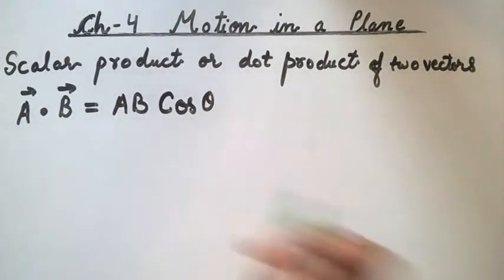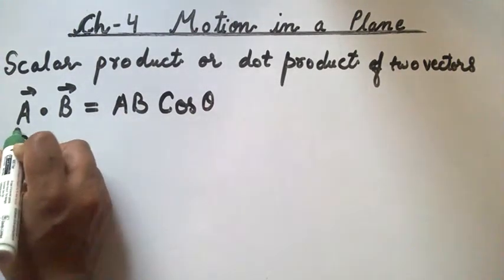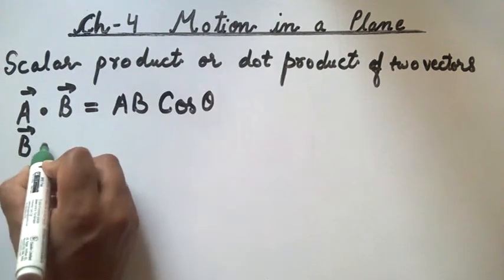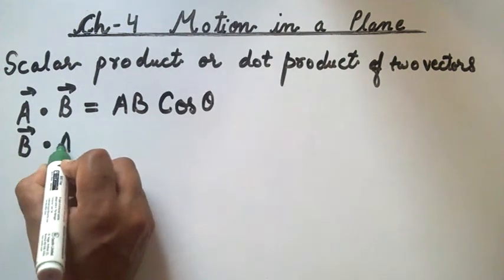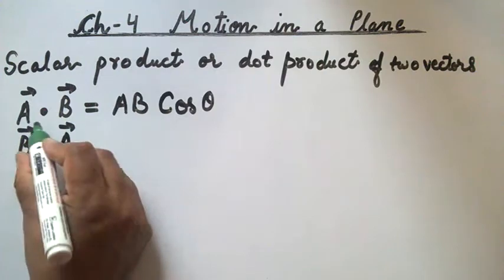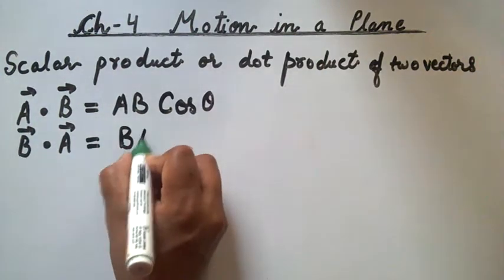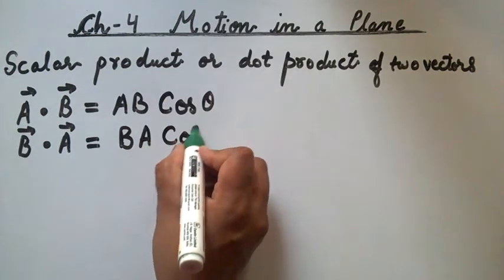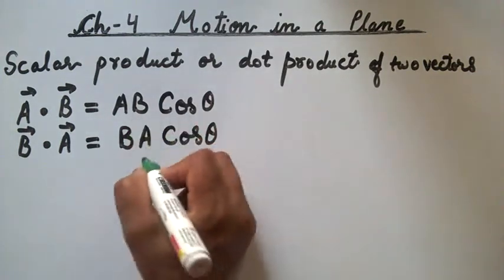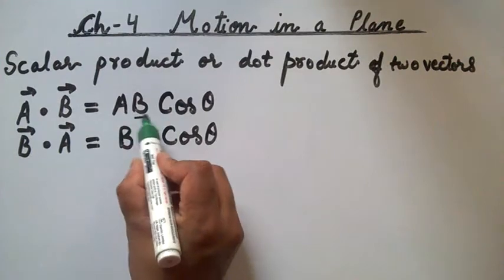And if we multiply vector b with vector a, that is the dot product of both the vectors in reverse order, then it is equal to b a cos theta. One and the same thing, but there is a difference in the components.